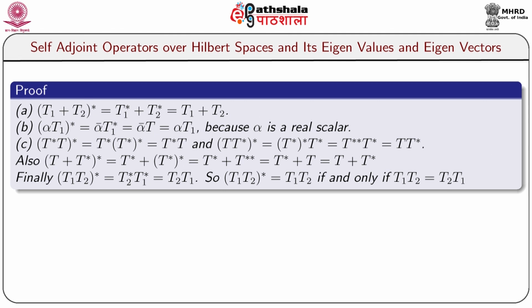Also, (T plus T star) star is equal to T star plus (T star) star, which is equal to T star plus T double star, which is equal to T star plus T, which is equal to T plus T star. Finally, (T1 T2) star equals T2 star T1 star, which is equal to T2 T1. So, (T1 T2) star equals T1 T2 if and only if T1 T2 equals T2 T1.